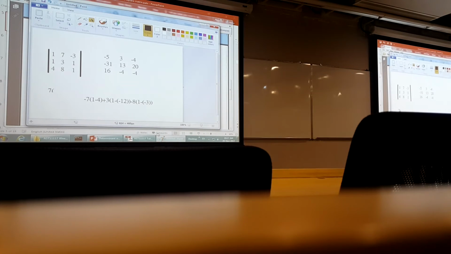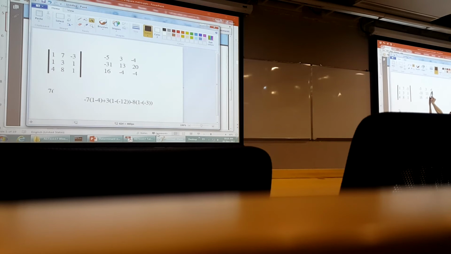If we use this column, then it is 21 plus 39, 60. 60 minus 32, 28. For using this one, 12 plus 20. So it is 32. 32 minus 4, 28.